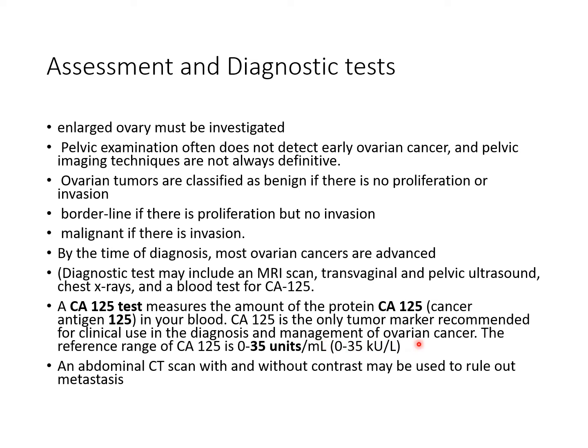Even though they recommend this, there are other things that can show elevations in CA-125, like menstruation or a woman having fibroids. So the main takeaway is, sure, you're going to do the CA-125, but you're most likely going to do other testing as well to confirm this, whether that's a biopsy or something else. An abdominal CT scan with and without contrast may be used to rule out metastases.